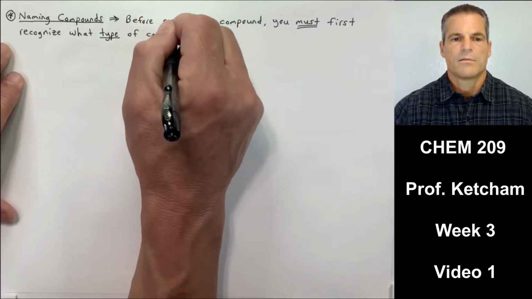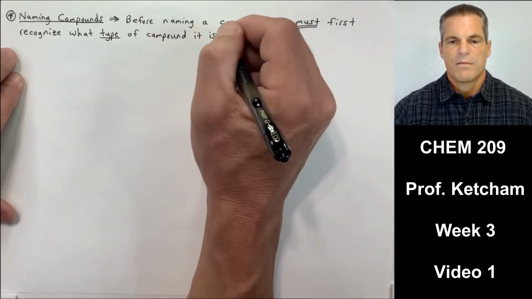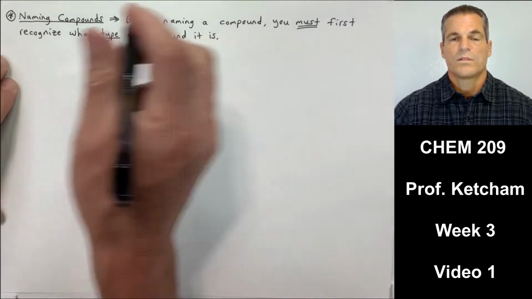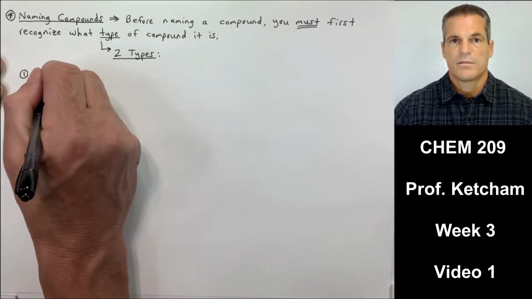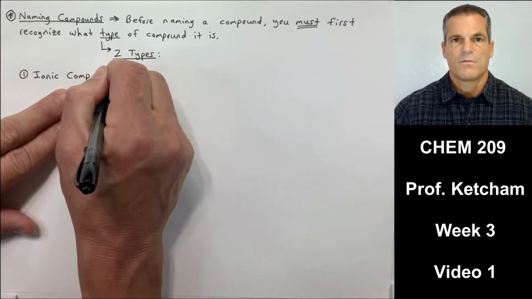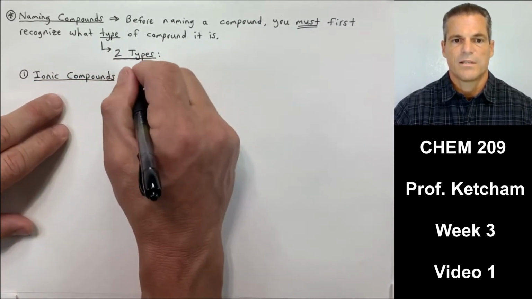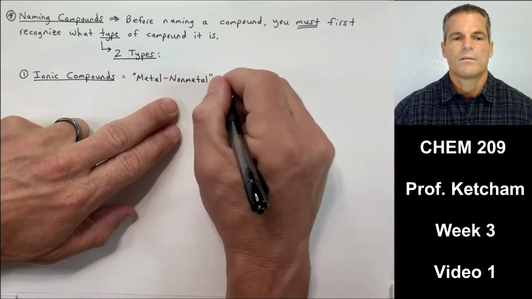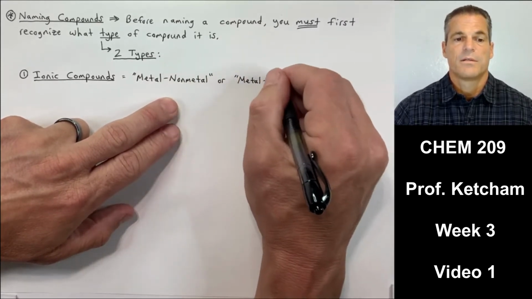So, naming compounds. Before naming a compound, you first have to recognize what type of compound it is. Very first thing you have to do, find out which type of compound it is. And there are 2 types of compounds. Number 1, ionic compounds.